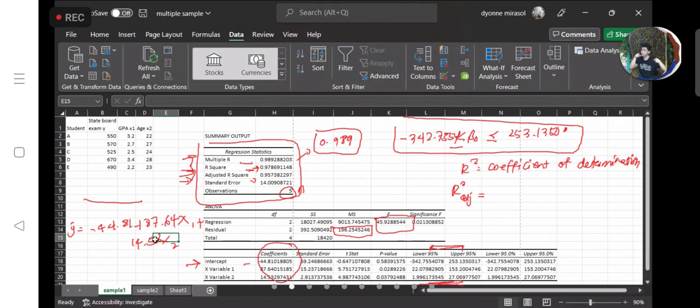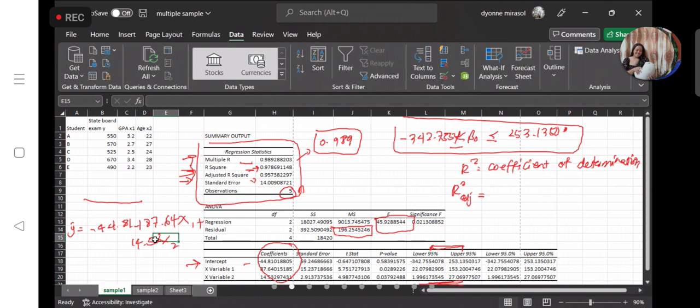Not all variables are really necessary within the problem. So we use adjusted r squared to take into account the error variation. Majority of statisticians use adjusted r squared because it is more accurate.